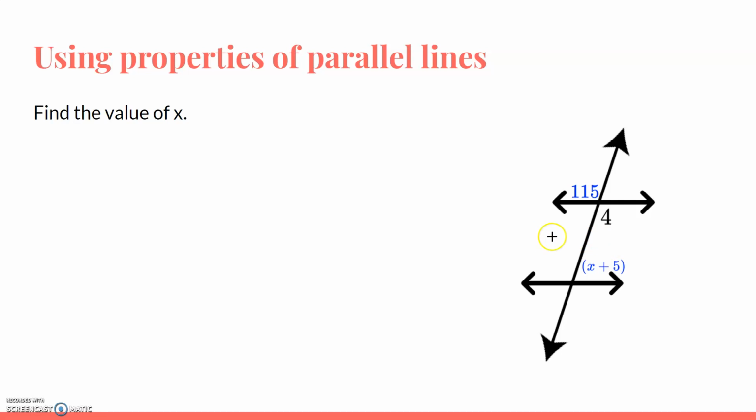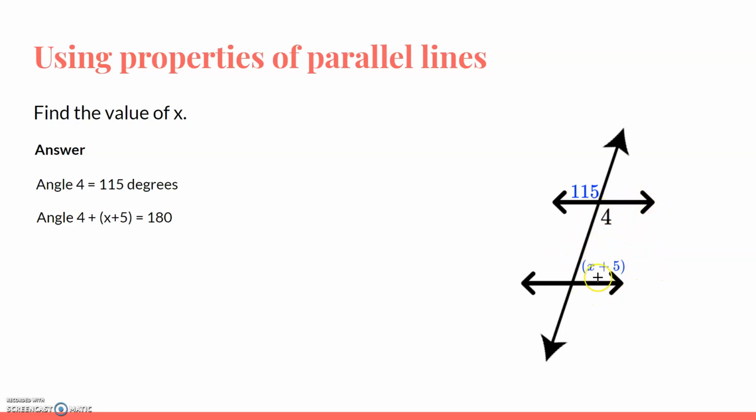Okay, so now that you're back, first off, angle 4 equals 115 degrees because of the vertical angles theorem. We know that if two angles are vertical angles, then they're both equal, so angle 4 is 115 degrees. And then angle 4 plus x plus 5 is equal to 180 degrees because of the consecutive interior angles theorem.